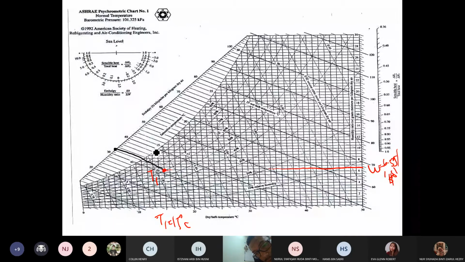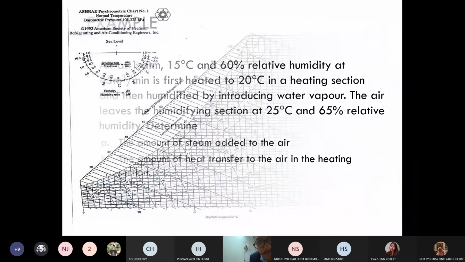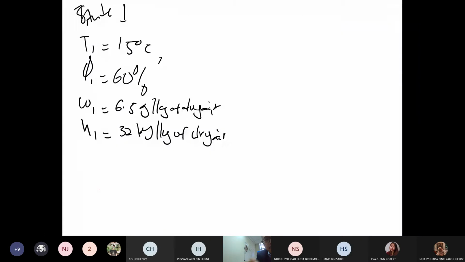It is about 0.82, 0.83, not quite 0.85, so 0.825.